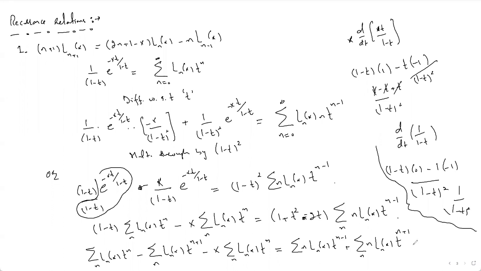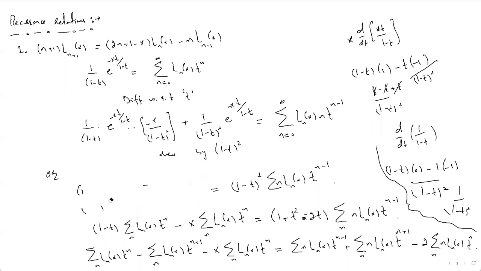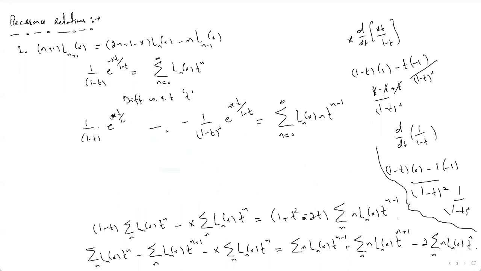Fine, plus, okay, minus, now it will be twice summation over n ln of x t raised to power n plus 1, that is simply t raised to power n. I hope you are following all these steps. If you are not getting it, please let me know. Instead of switching to the next page, I will write it here because I need to have a look at this particular equation.